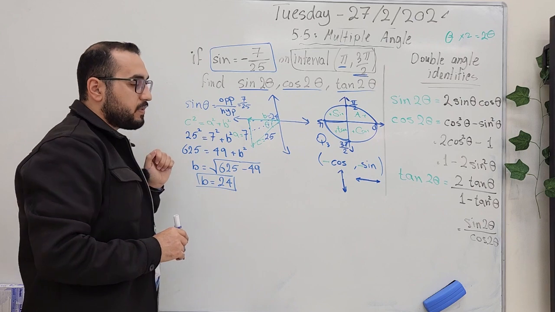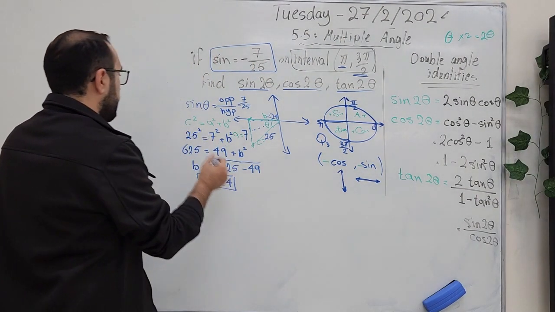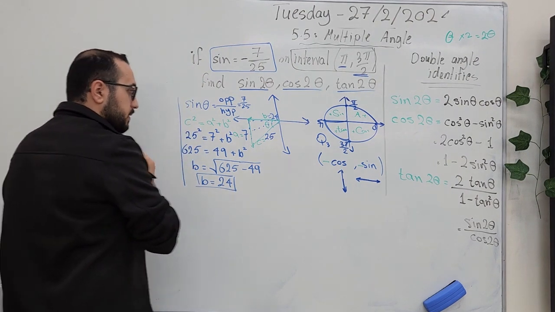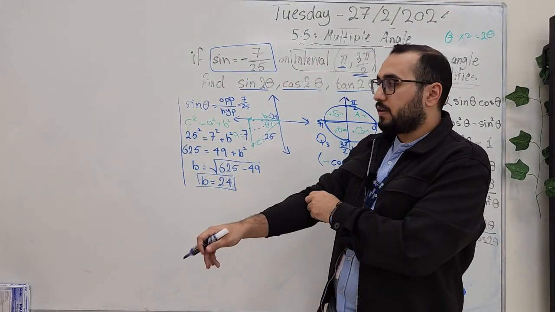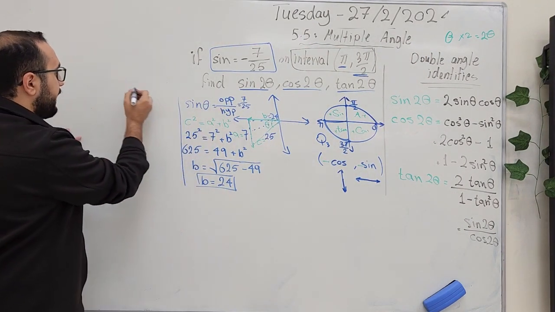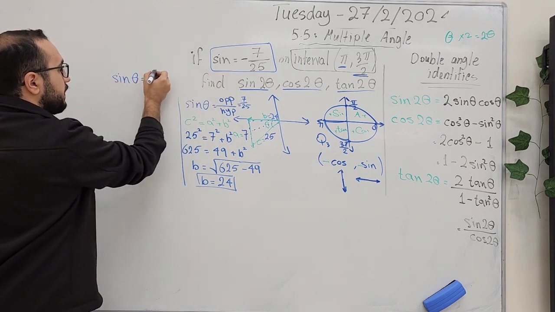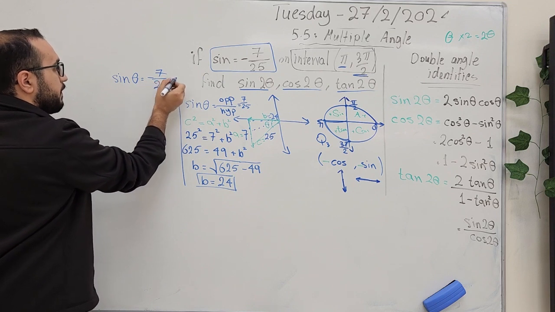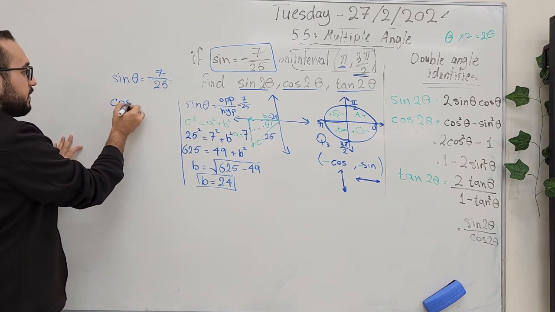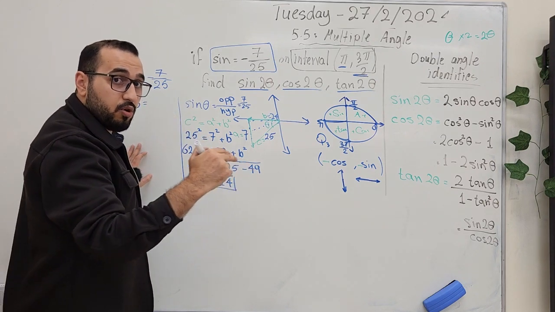So the ratios I have: sine theta is given in the question, which is -7/25. Now, to find the cosine, what's the cosine ratio? Cosine is the adjacent over hypotenuse.